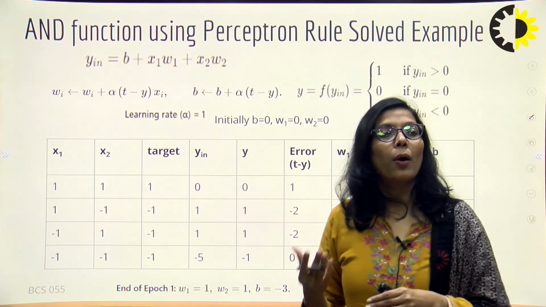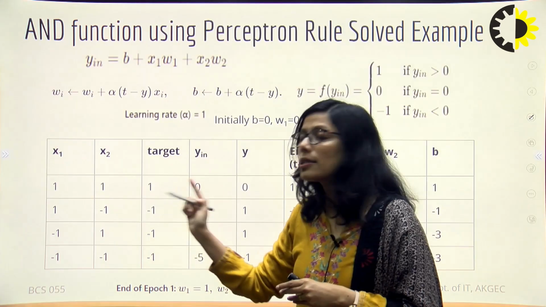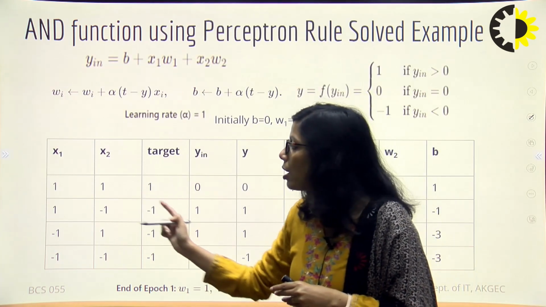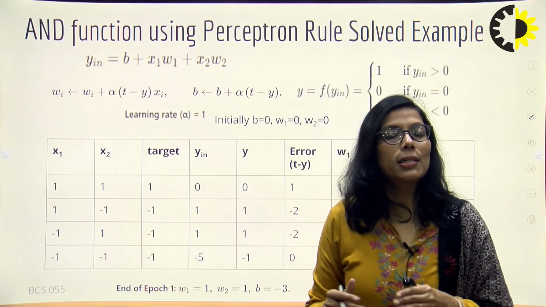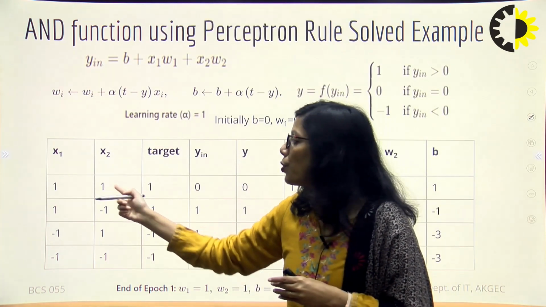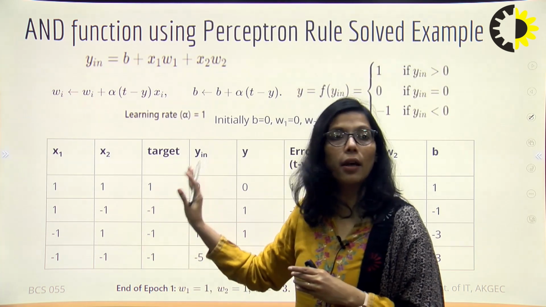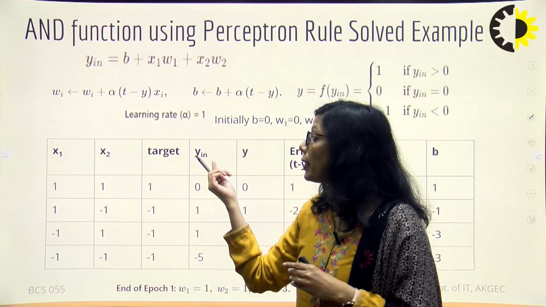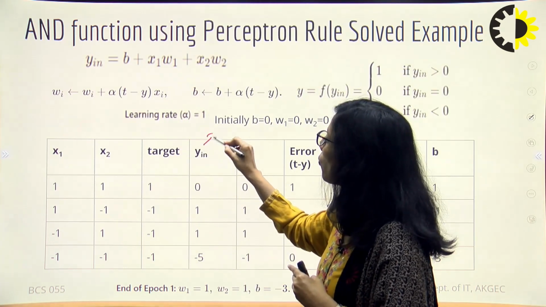When we talk about the AND function, I have my two inputs, 1, 1, and the target is 1. When both are true, my target, which is my expected output, is true. True, true, true; true, false, false; false, true, false; false, false, false. This is my target. Now when I computed the Y in, so what is Y in? Y in is the weighted sum.